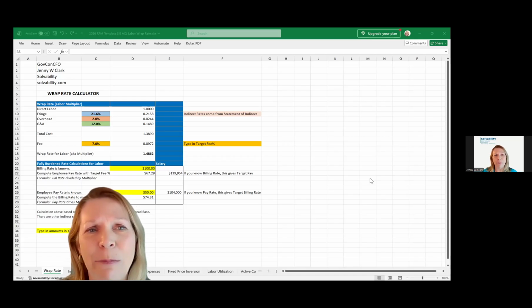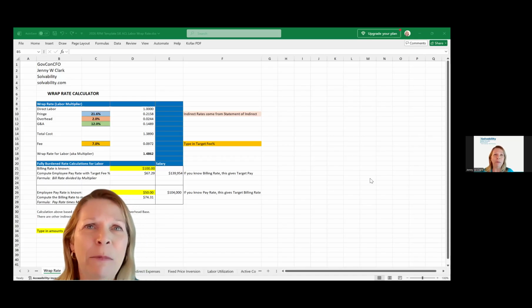But here's how I think about it. If I am a program manager, I'm going to get a list of the skills that are listed in the proposal, because they'll usually have a template that you're filling out. I'll look at the description of the labor categories and say, oh, okay, I've got these people, these resumes. I kind of know what they're going to be paid in order to bring them on board. Some of these people we might have on board.